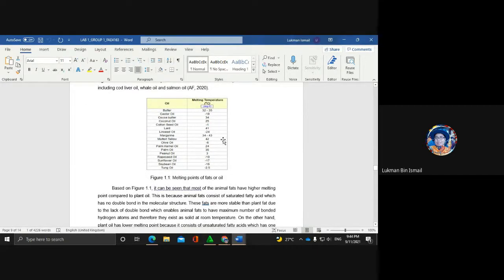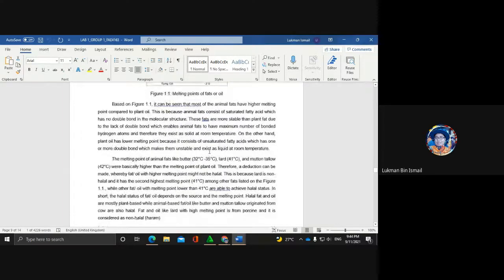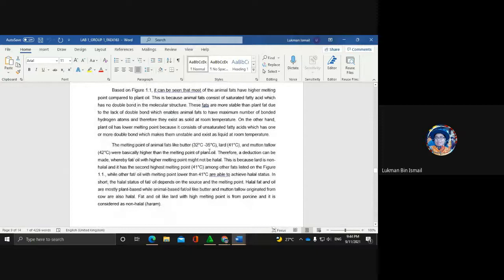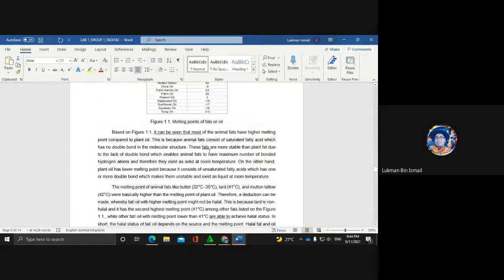These are the plant oil melting points from butter to castor oil to cocoa butter. And then animal fat is higher, 32 to 35.